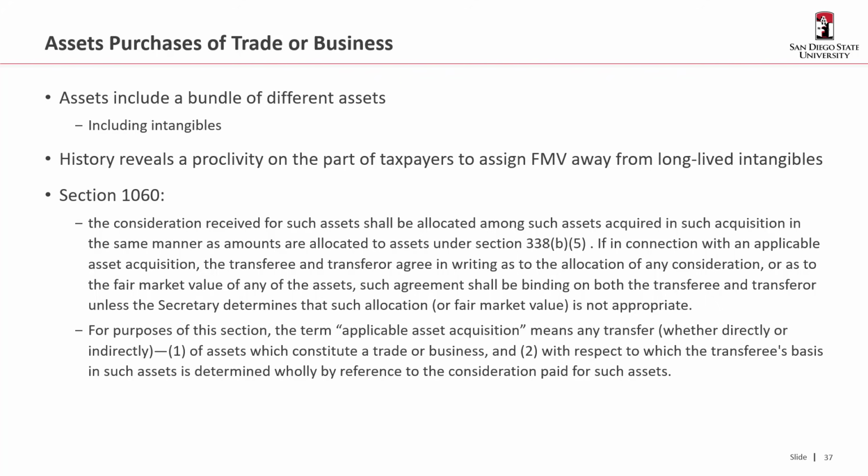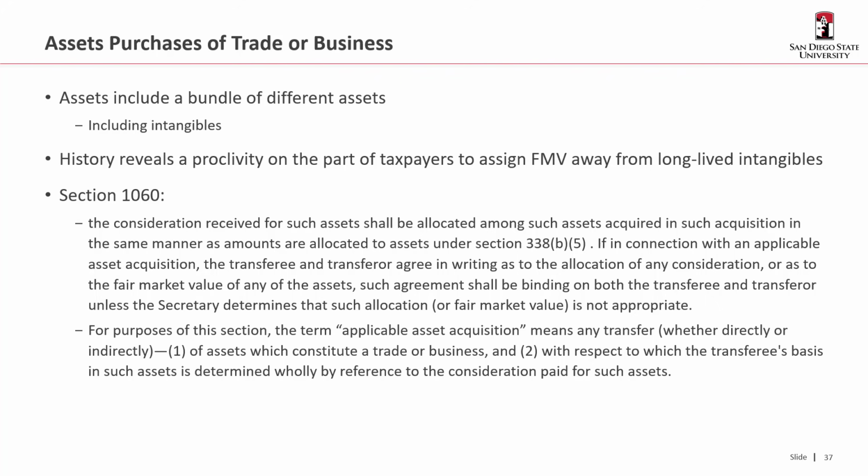What we're going to say is the consideration received for assets shall be allocated among such assets acquired in such acquisition in the same manner you would do so under 338(b)(5). In connection with an applicable asset acquisition, the transferee and transferor agree in writing as to the allocation of the consideration or as to the fair market value of any of the assets.